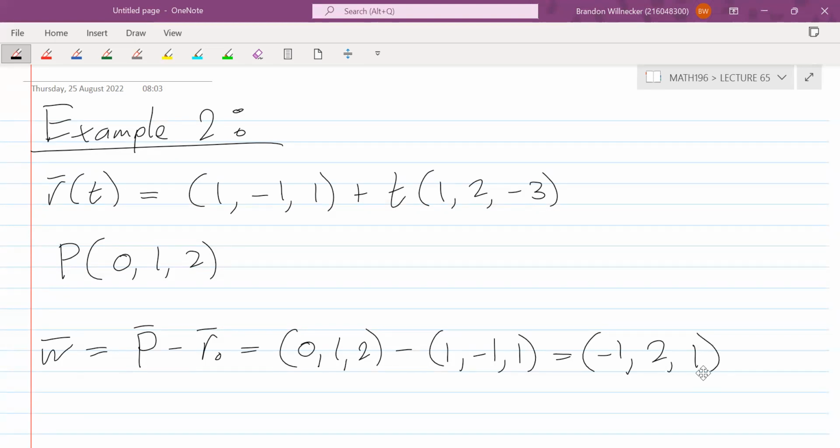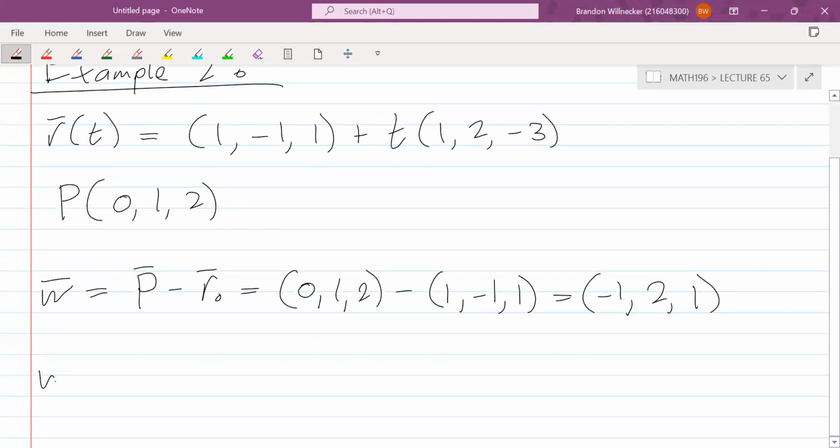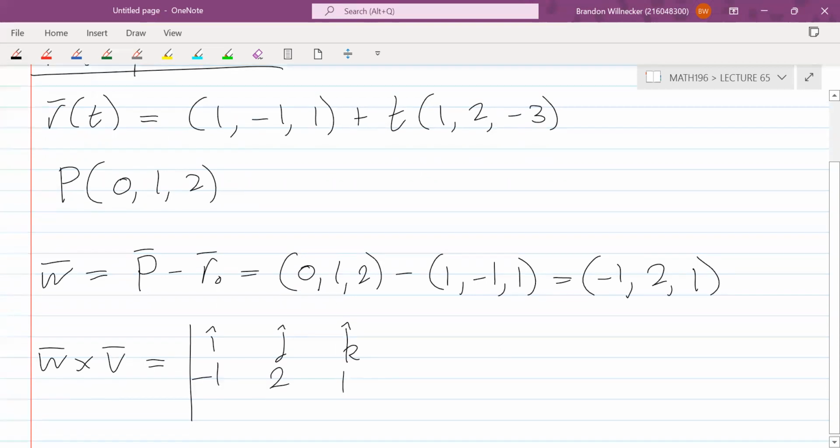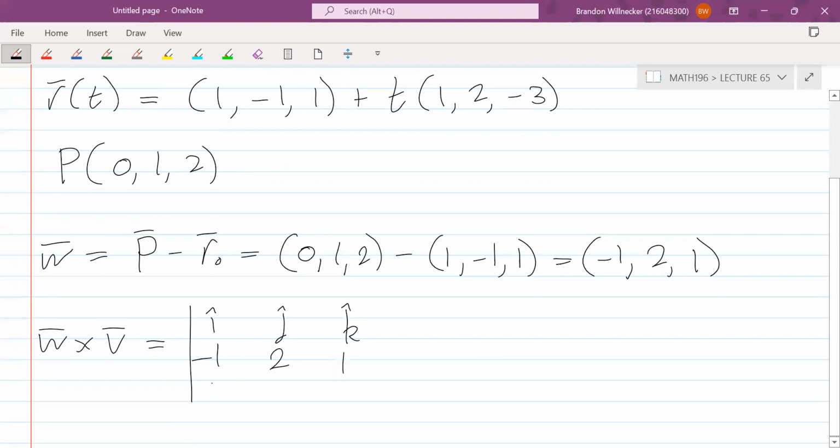Now we need to take the cross product of our hypotenuse vector with the vector V. So W cross V. Again, that's our determinant, with i, j, and k in the first row. W, we just worked out, was -1, 2, 1. V, given at the top there, is 1, 2, -3.